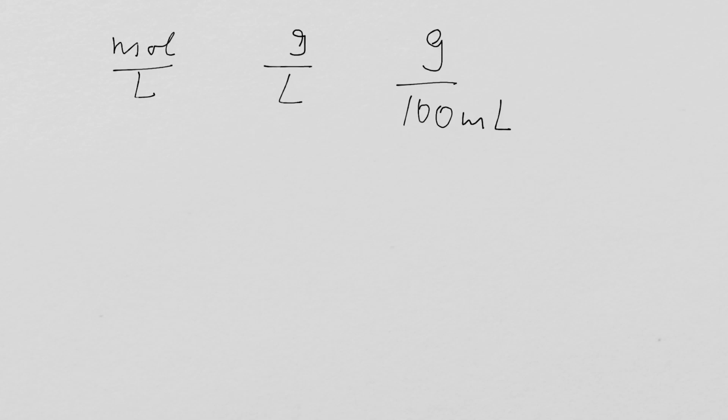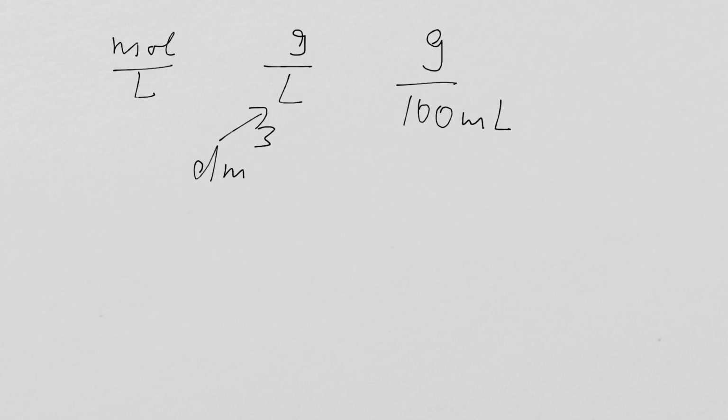Especially when it comes to biomedical sciences, this abbreviation is very often used. You sometimes see also, instead of liter, decimeter to the power of 3. It's the same thing. Yeah?